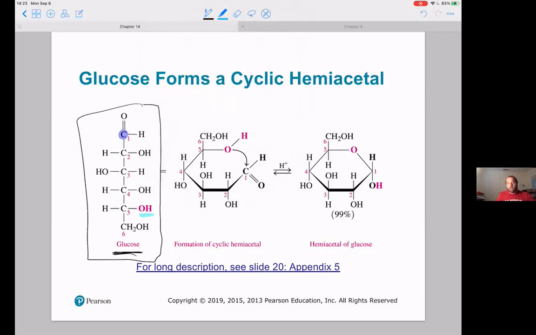So these will undergo this exact same cyclic hemiacetal reaction I showed you on the previous page to form this closed chain form of glucose, or more specifically the hemiacetal form of glucose. And you'll often see sugars depicted this way as well. Okay, so this is the hemiacetal form of glucose. So again, sugars are closing and opening in these hemiacetal type reactions all the time.